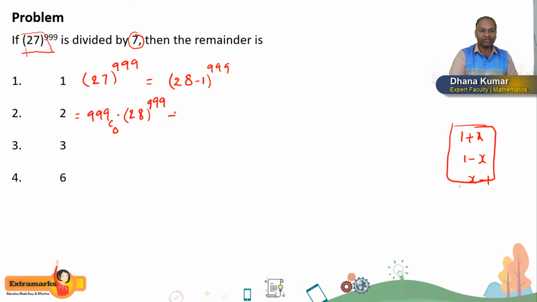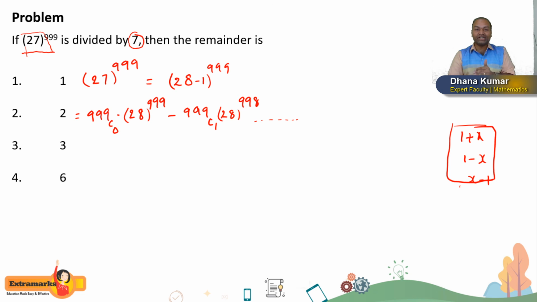So the next term will be minus 999C1 28 power 999 minus 1, that is 998, and so on. What is the last term?